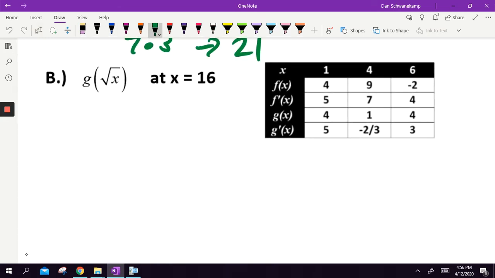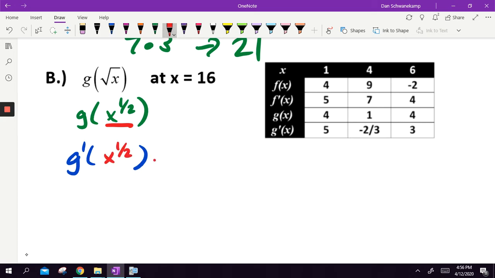g of the square root of x. So in other words, g of x to the 1/2 power. Hopefully you recognize that there's an inside and outside function. We take the derivative of the outside. We're going to rewrite the inside times the derivative of that baby, the derivative of the inside. That is going to be 1/2 x to the negative 1/2.